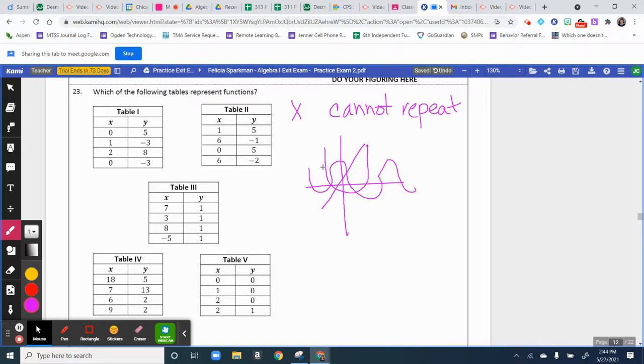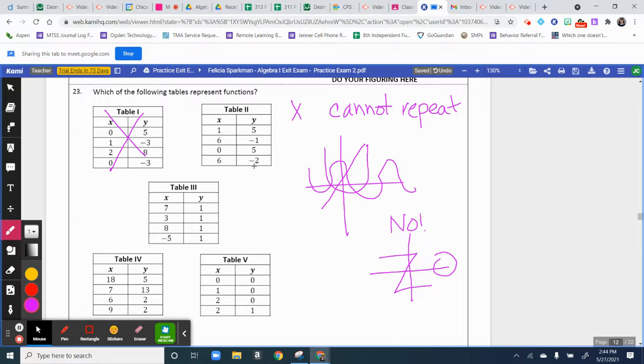These are all functions. These all work. If you have something that goes like that, no, okay? Like circles, not functions. These do not work.